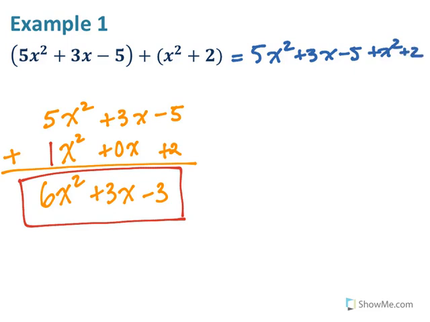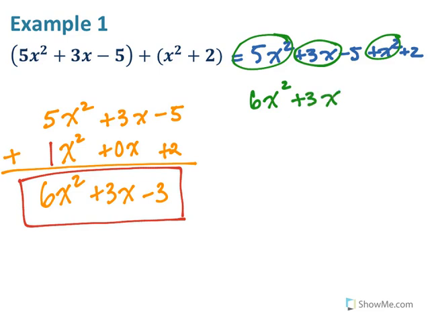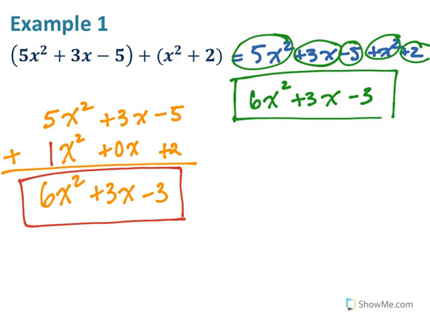So then they're going to go through and say, okay, 5x squared and x squared are like terms, so that's 6x squared. Then I have 3x, but no other x to the first power to combine it with. And lastly, I have my two constants, negative 5 plus 2, and that's going to give me negative 3. So it's the same exact steps, we're just rewriting it a different way.